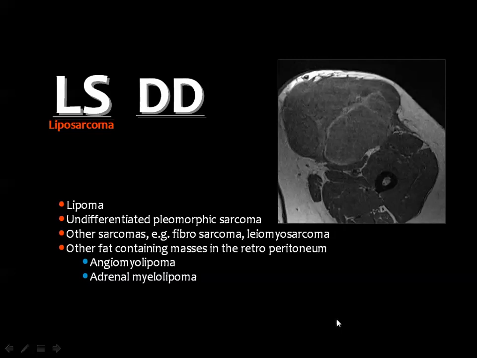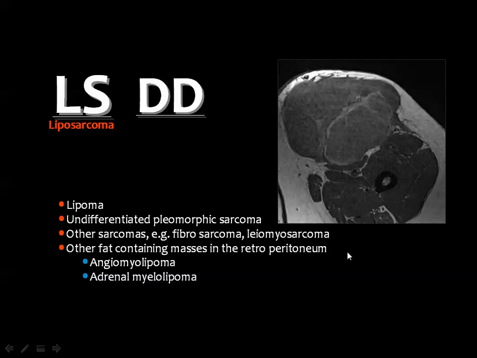And this is a big mass in the anterior aspect of the thigh, and this mass, of course, does not show signal intensity similar to the fat. But liposarcoma, if it contains a significant amount of fat, can be mistaken for simple lipoma, and if it contains a poor amount of fat, it may be mistaken for any other type of sarcoma like adult type fibrosarcoma or malignant fibrous histiocytoma or leiomyosarcoma.